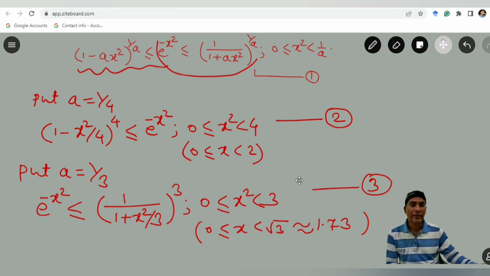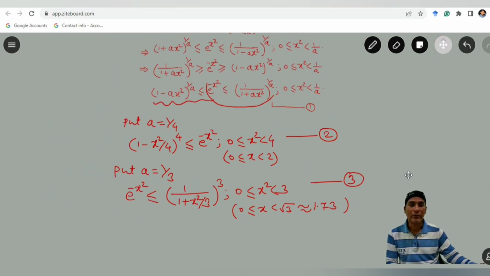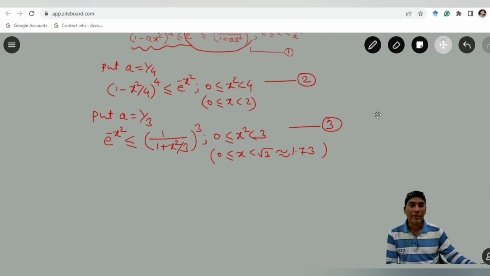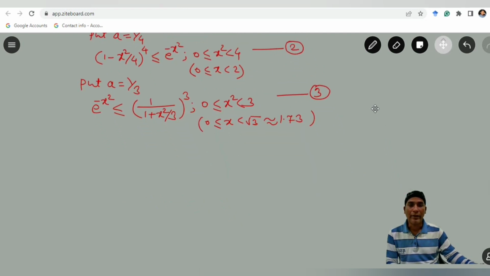Next I will combine these two inequalities. That means I will combine inequalities 2 and 3 to get this double inequality.